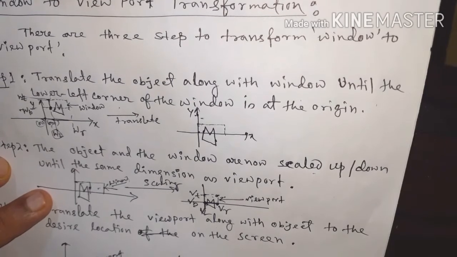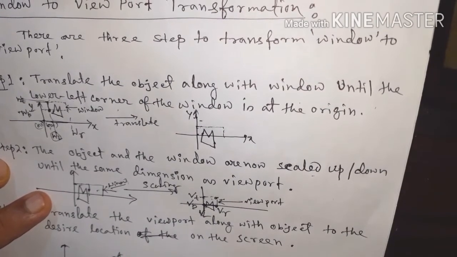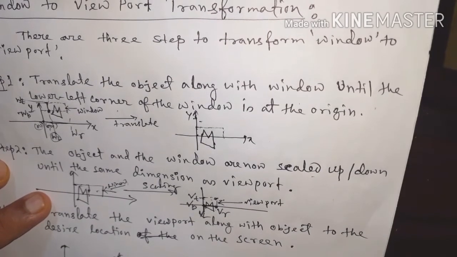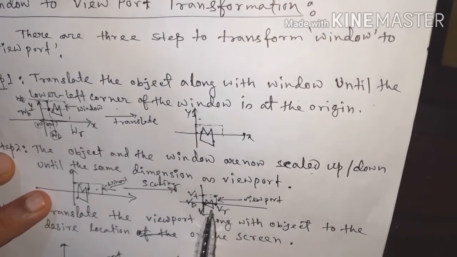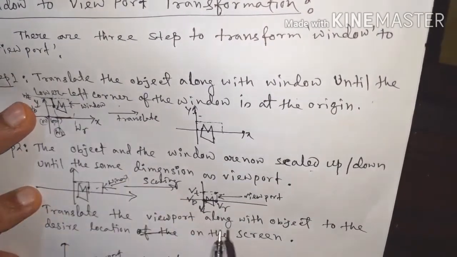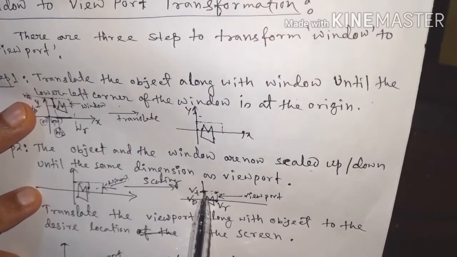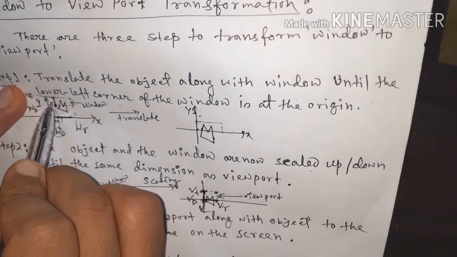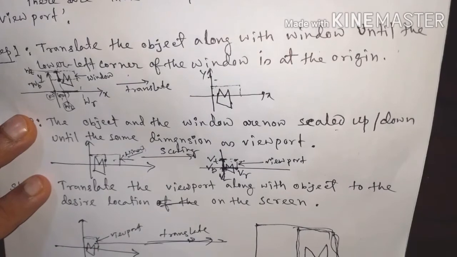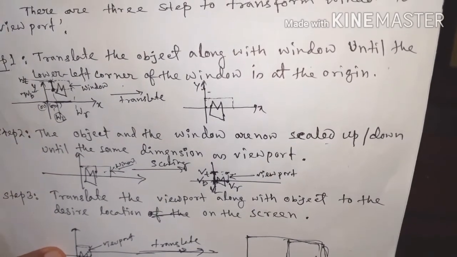Similarly, Sy equals VT minus VB divided by WT minus WB, that is the viewport height divided by the window height.